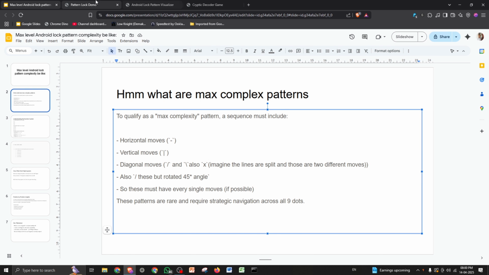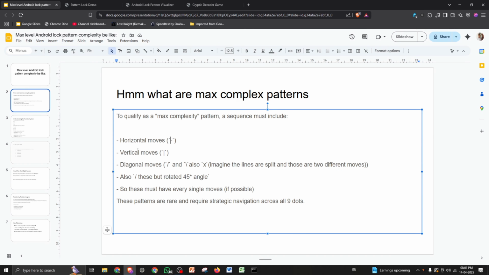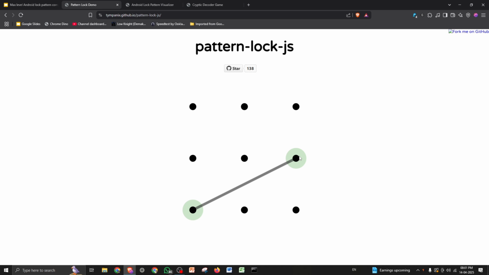Also there is the bishop's movement in chess. So this is rook, bishop, knight, and also these slashes, but rotated 45 degrees probably.